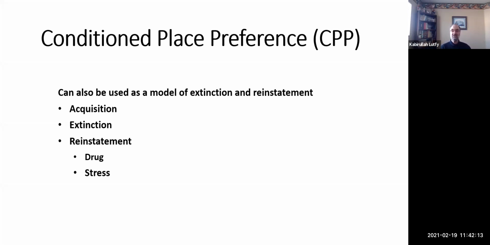They associate those two, and then whether they like the drug or dislike the drug, they tend to prefer that chamber or avoid that chamber. And you can study the acquisition phase of place preference, and you can also do extinction. This model is used as a model of extinction also, and reinstatement as well.